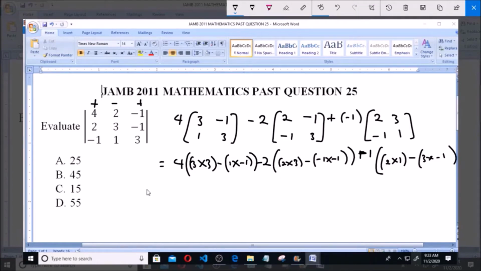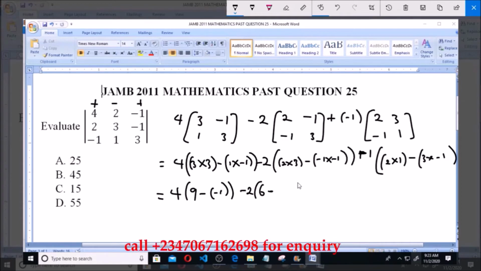Now from this will give us 4 into 9 minus 1, then minus 2 into 6 minus 1, because minus 1 times minus 1 will give us plus 1, then minus, since it's 1 we don't need to repeat the 1 again, so minus 2 minus 3.